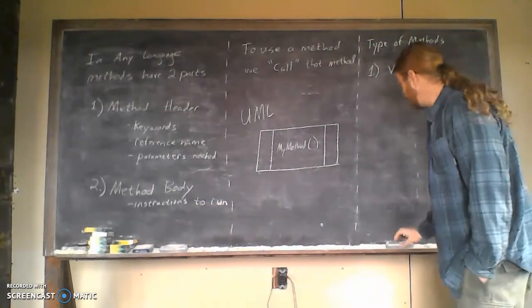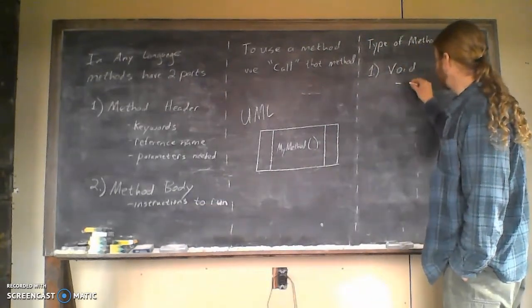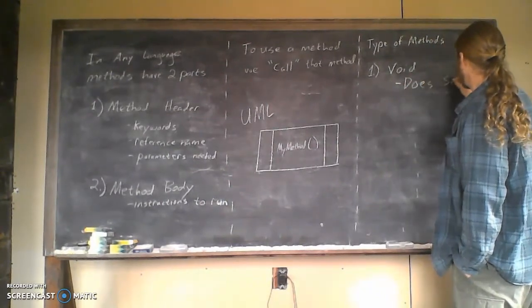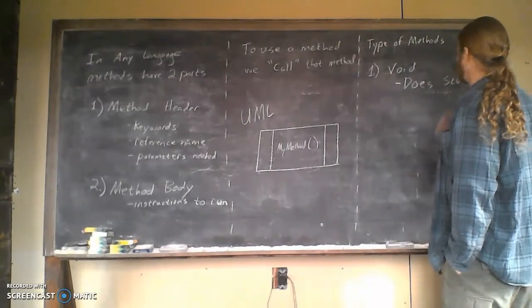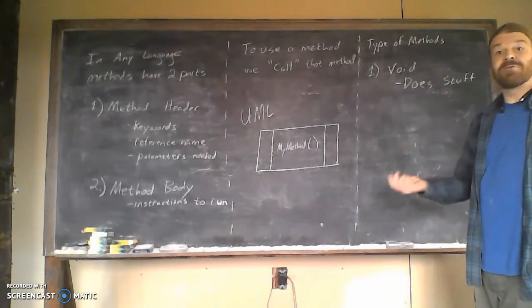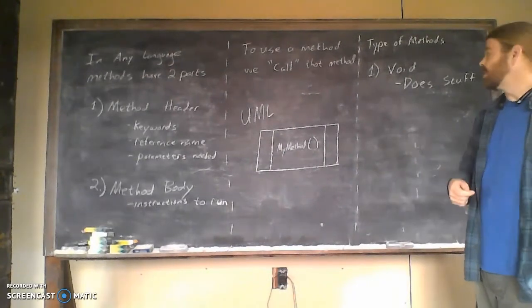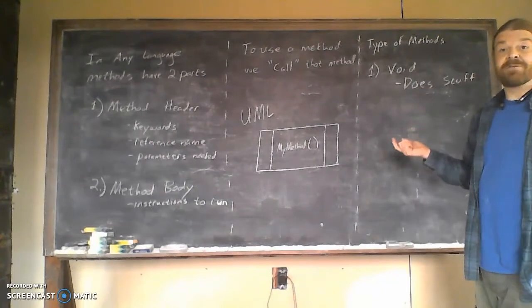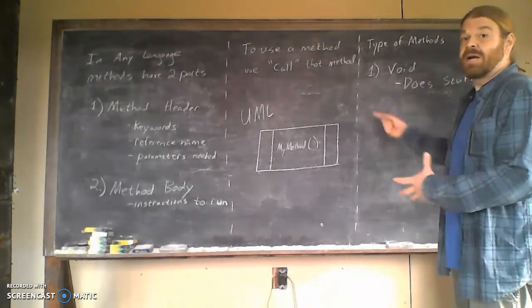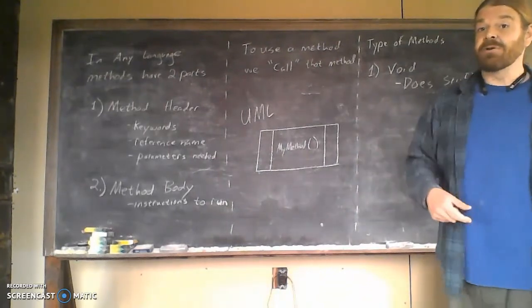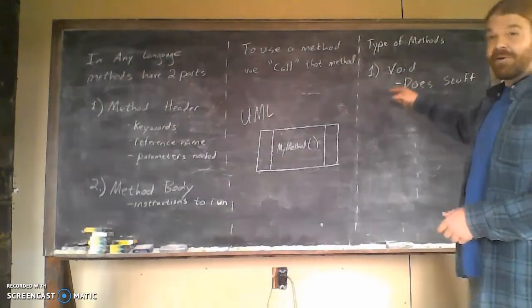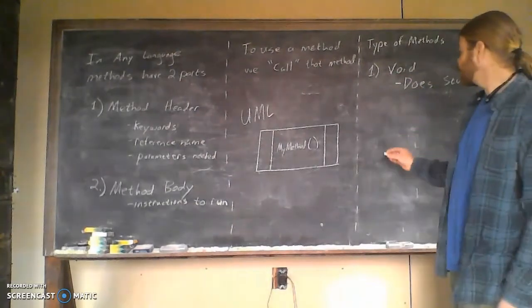It does stuff. Print things to the screen, write a file, read a file. Oh, read a file would return stuff. Write a file doesn't necessarily have to return anything. Nothing's coming back after we do it. When we print stuff to the screen, we don't need a result of that. We don't need a result to confirm that it printed to the screen. So a void function just does stuff.